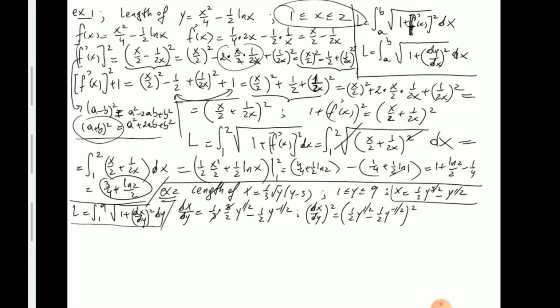And let's apply the formula just like before. I'm going to write it from the left here: 1/2 y to the 1/2, don't simplify it yet, minus 2 times 1/2 y to the 1/2 times 1/2 y to the minus 1/2, plus 1/2 y to the minus 1/2 quantity squared.